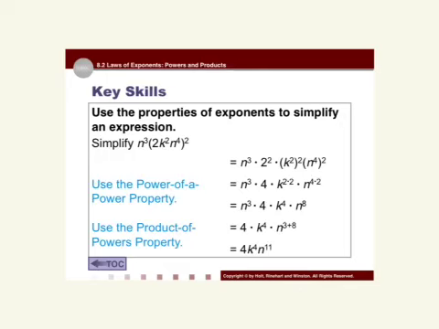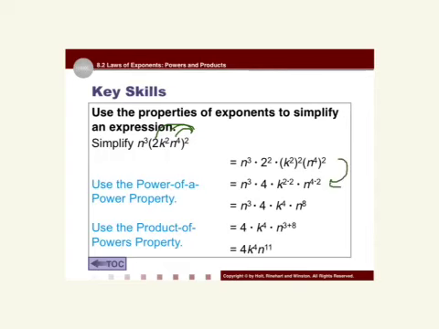So to simplify this, we're going to first use the power of a product property, meaning we're going to take everything inside the parentheses and raise it to the second power. Each base gets raised to the second power. 2 gets squared, k squared gets squared, and n to the fourth gets squared. We can then simplify those by using the power of a power property.